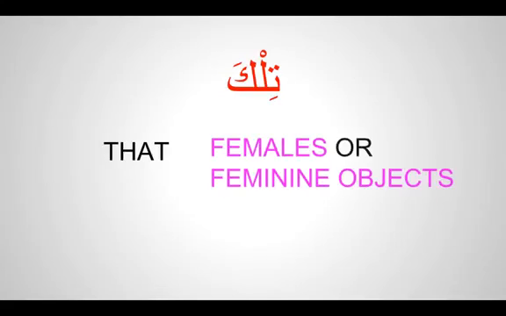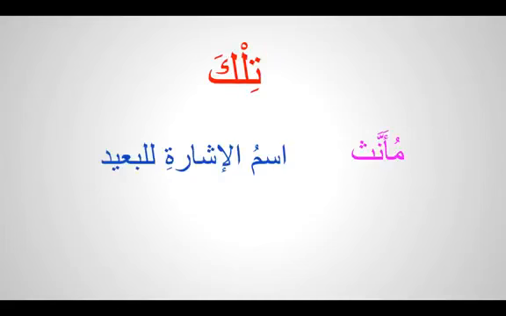And we did hadihi in our previous session, which is used as a demonstrative pronoun for near for women or feminine objects. So tilka is that; it is a demonstrative pronoun for objects, and it is for females or feminine objects. In Arabic it's called Ismul Isharati. Ism means noun, Ishara means pointing. So noun of pointing, Lil Ba'id, which is for things which are far, and it is Mu'annath, feminine.